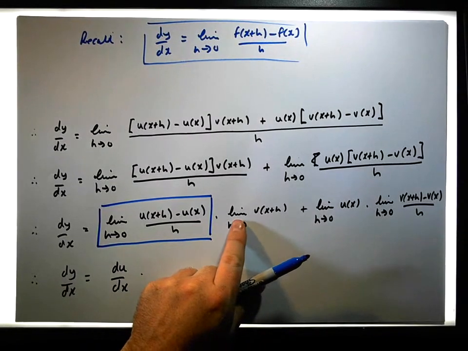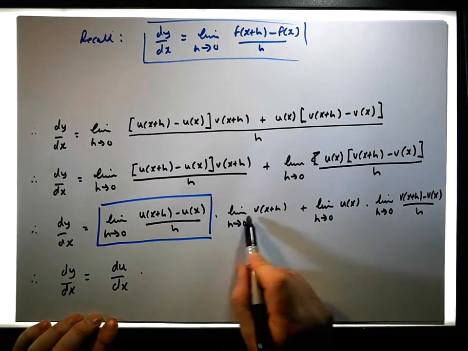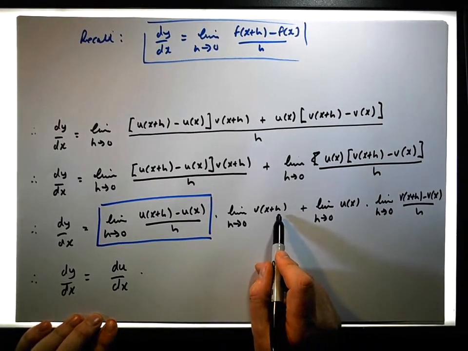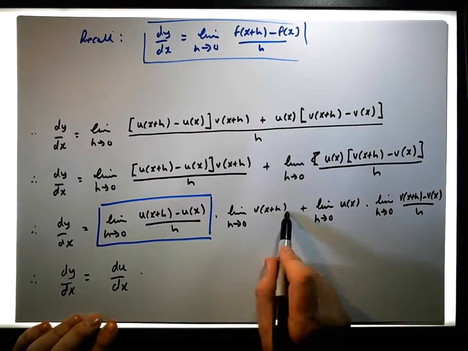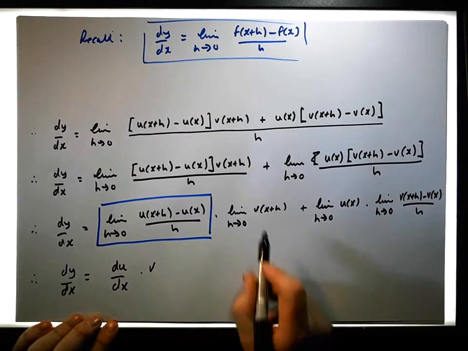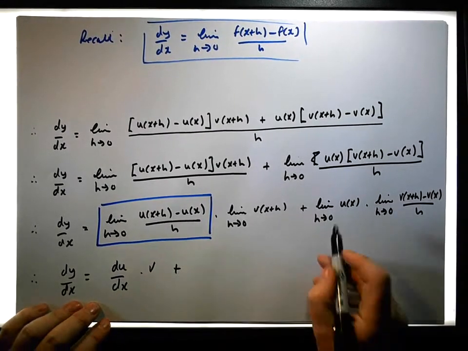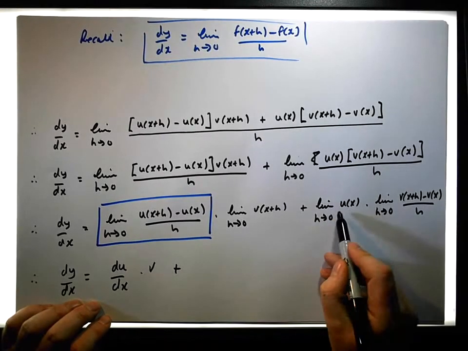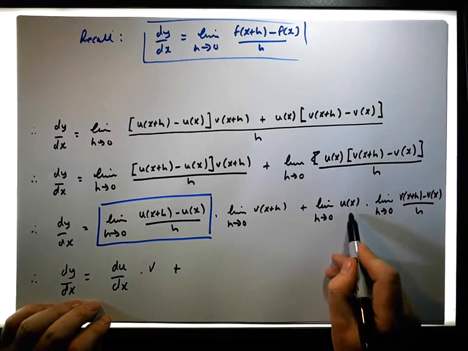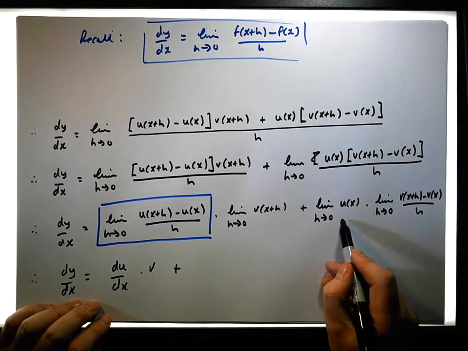What we have over here is the limit of the function v of x as h tends to 0. Well, h is tending to 0, so this ends up as just the function v of x, plus, in this situation, we don't have any h associated with this, so h tending to 0 has no effect in here.